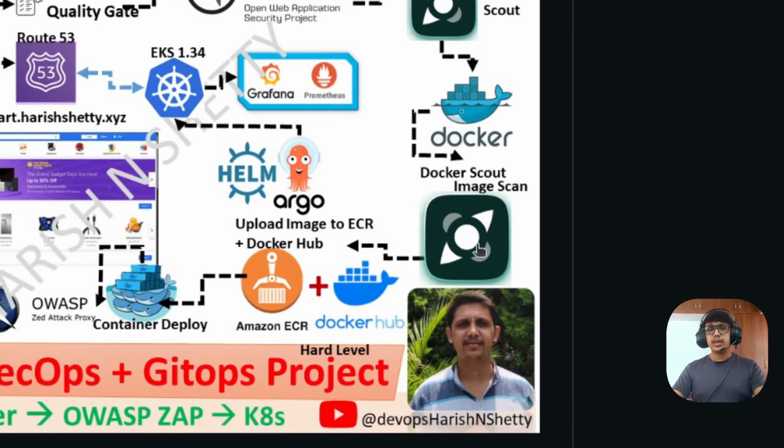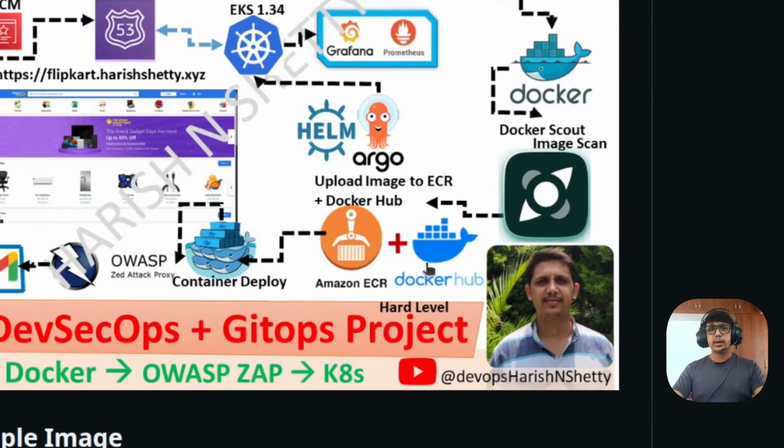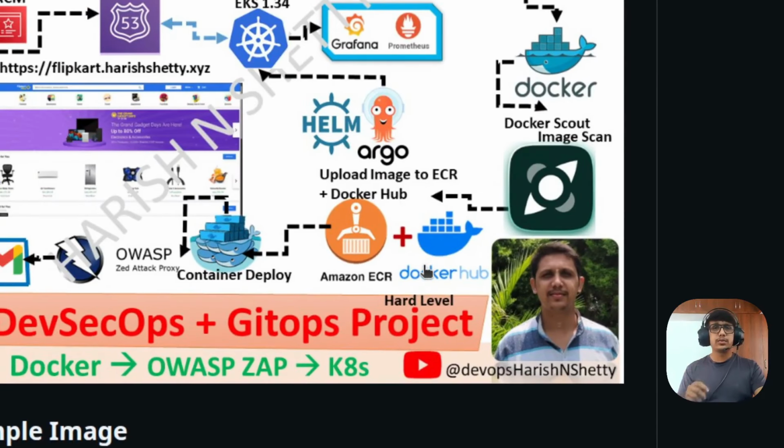And once the image is scanned, the main thing here is that we are using two uploaders. One is Amazon ECR and one is Docker Hub. Most of the projects I have seen use either Docker Hub or Amazon ECR.